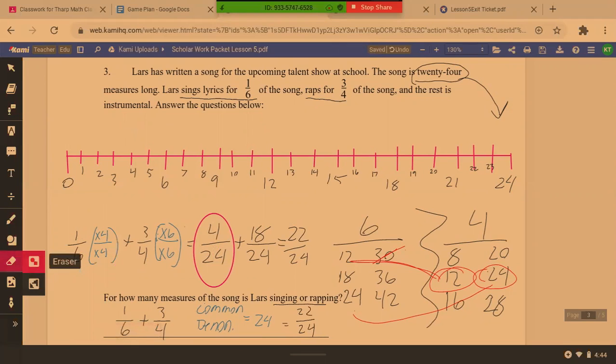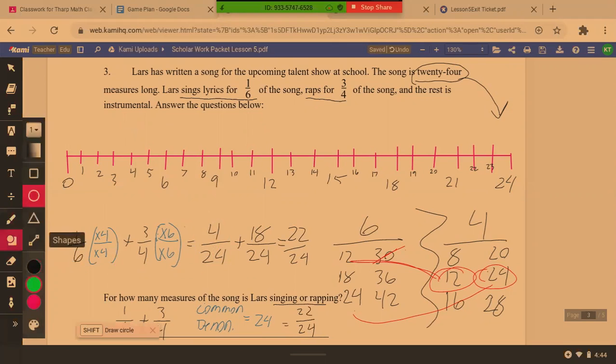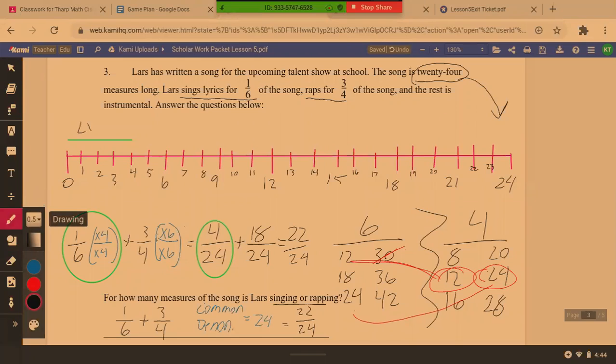So actually, I'm going to erase that and do this. Watch this. Okay, so now we're going to do 4 out of 24, that is spent on lyrics. Okay, now let's do raps. How long?